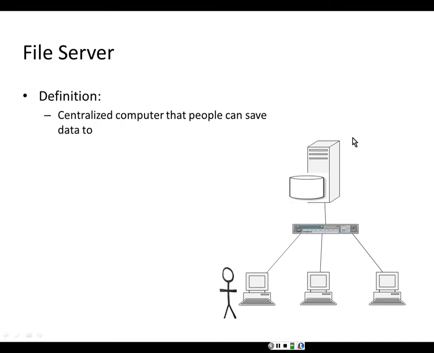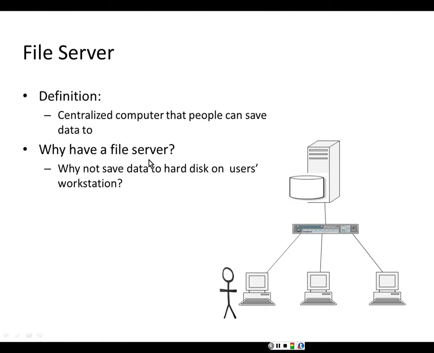A file server is a centralized computer with a big hard disk that everybody can save data to. So why should we have a file server? Why not just have the users save their data to the hard disks on their own individual PCs?